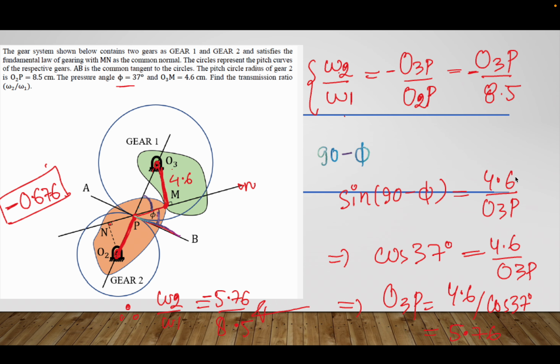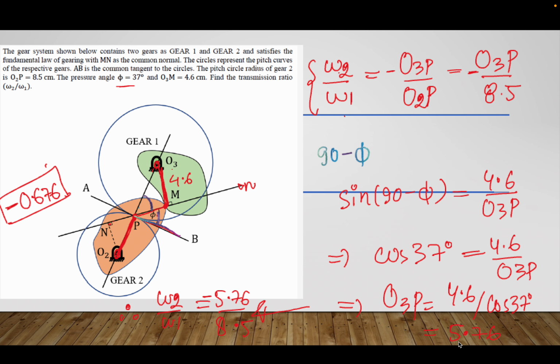This perpendicular distance is given in the question, so sine of 90 minus 37 is cos 37, equal to 4.6 upon O3P, and we get O3P as 5.76. You can check it for yourself also.